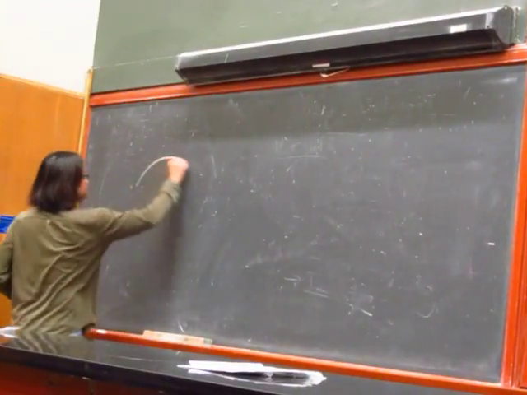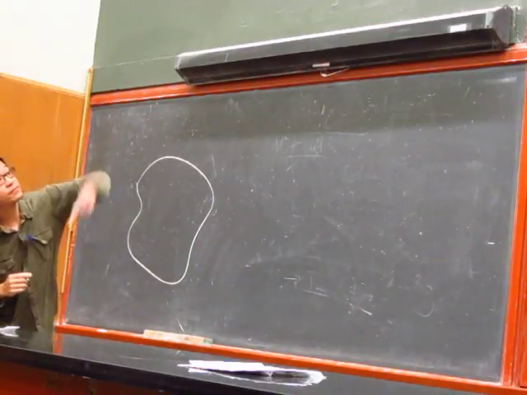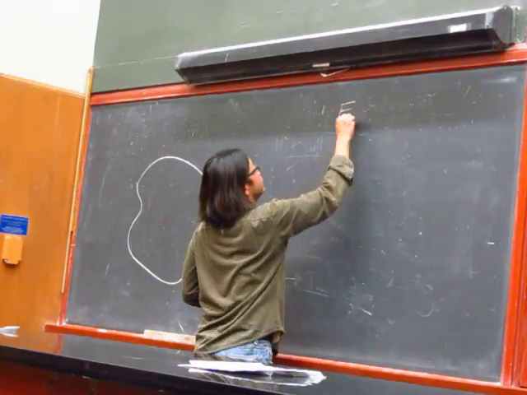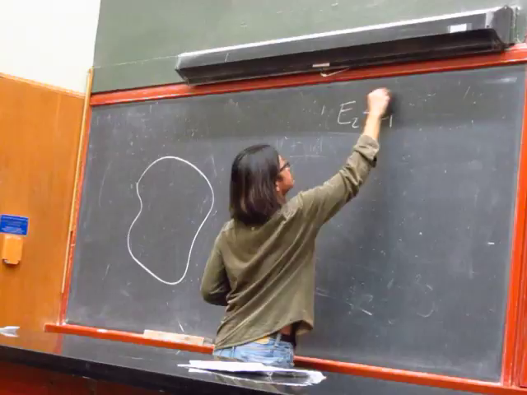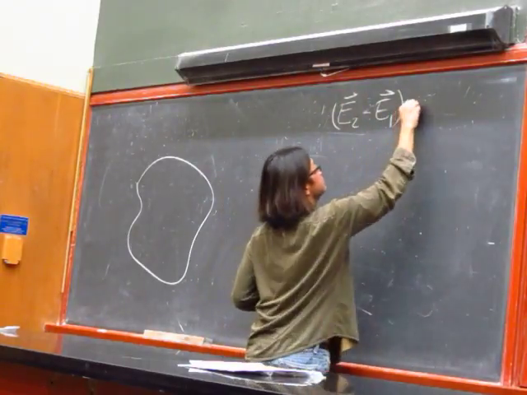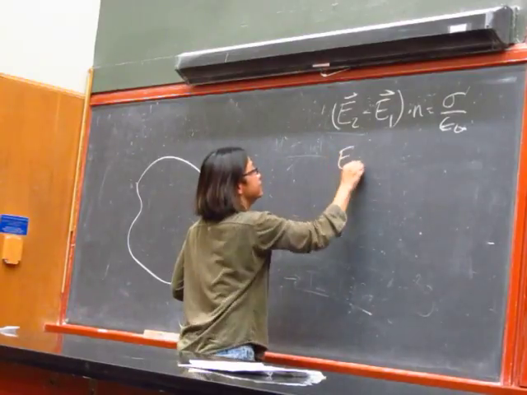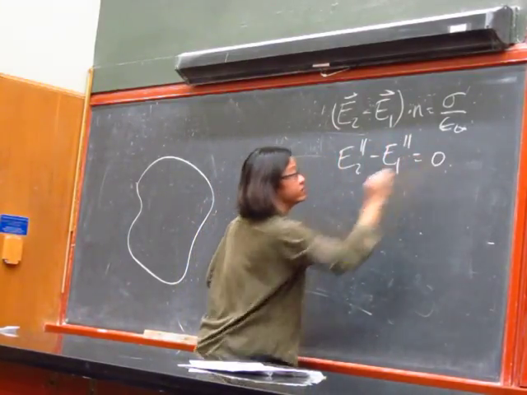If I have a conductor of any shape, then recall that E2 normal has to be equal to sigma over epsilon naught, and E2 parallel is equal to 0.